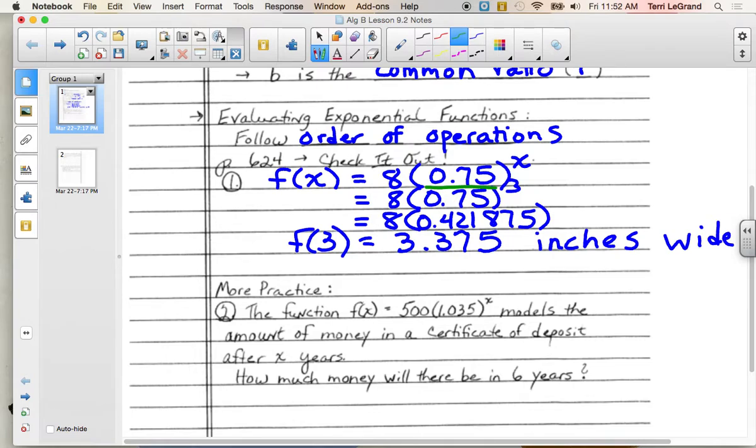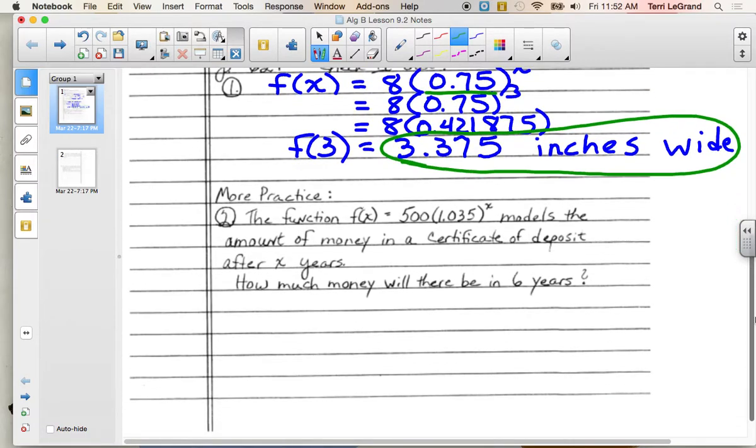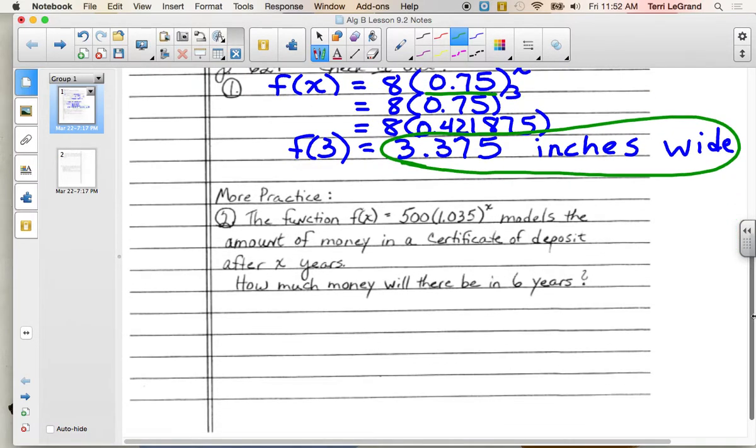It should get larger or smaller? Yeah, whatever we're getting should be smaller, and so I'm feeling pretty good about our answer. So any questions on that one? That's the work you need to show to support your answer, to justify your keystrokes in your calculator, okay?